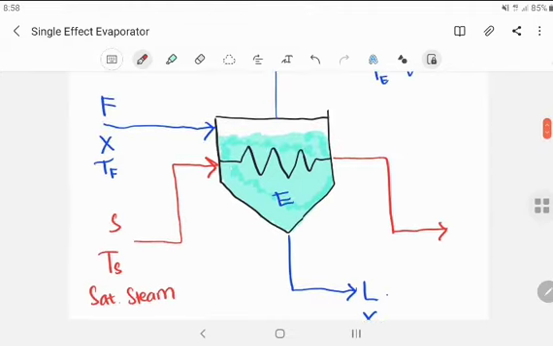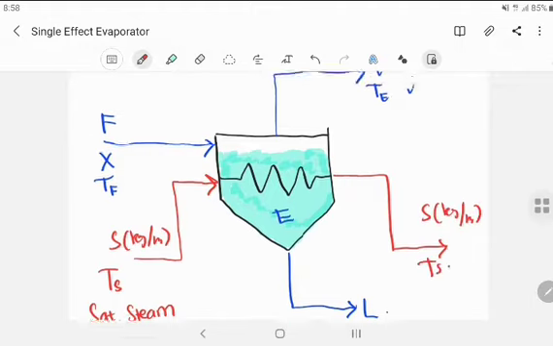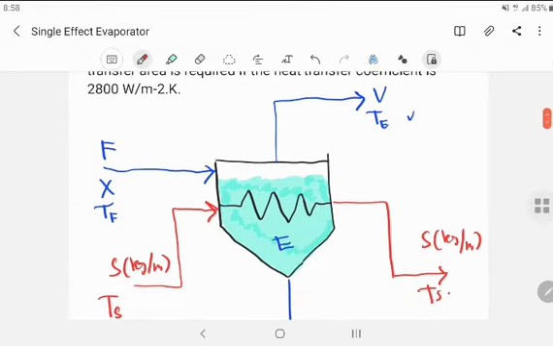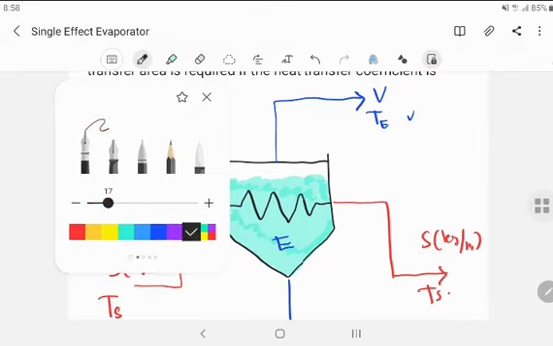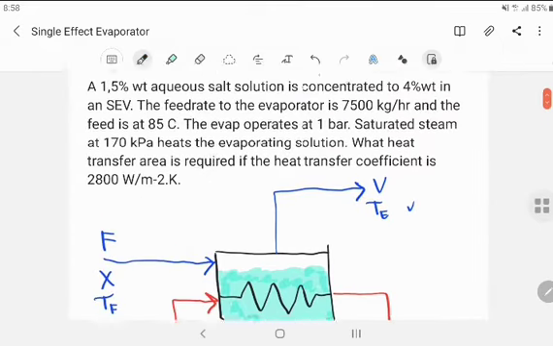Of course, and the condensate, we also have the same amount of the steam exiting the evaporator. Okay, is it clear? Hopefully it's clear. And let's continue.